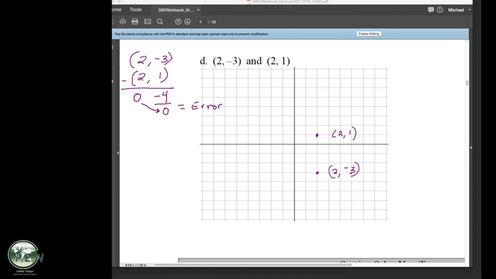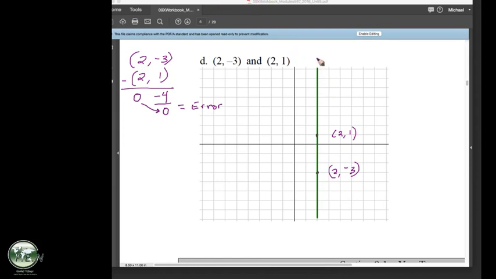And so yes, indeed, if we connect these 2 points, we do get a vertical line here. Can anyone guess what the equation of this vertical line is? The last one was y equals 2. What do you think this one is? It's x equals 2. Very good.